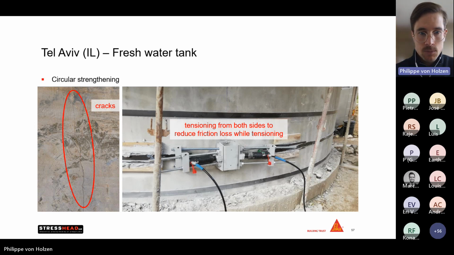As well as you can see, we work here with a special anchor type, which allows us to install 2 jacks to the same system and tension the system from both sides to reduce friction losses during the tensioning process. And by this application, the idea is kind of to install a belt or a tensioning belt around this silo to give back a compression force to the whole structure over the tendon itself.